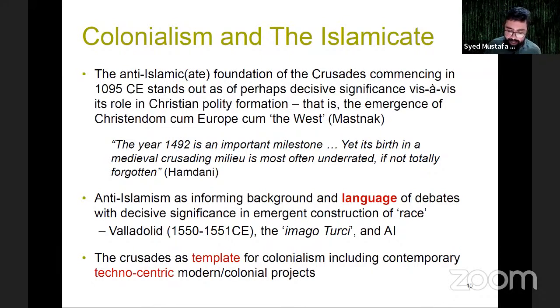European identity having been forged in antagonistic opposition to what was known as the Imago Turki, or the image of the Turk. Elsewhere, I have suggested that this has genealogical significance for what I refer to as the decolonial question concerning artificial intelligence.